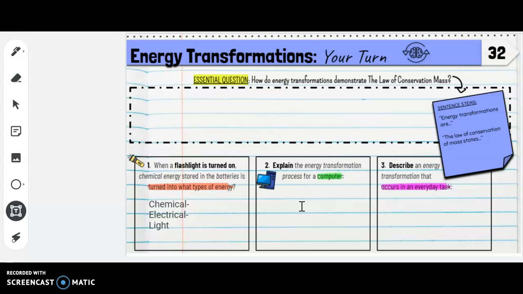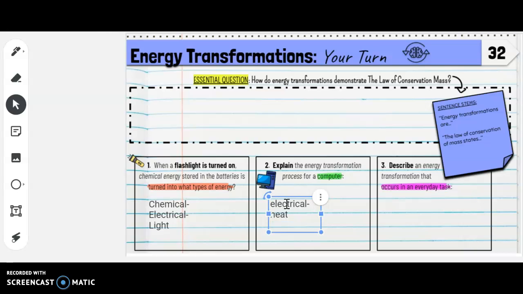explain the energy transformation, the process for a computer. So for a computer, the first part is electrical energy. From electrical, what's mostly electrical, from there, it goes to heat energy. And guess what?